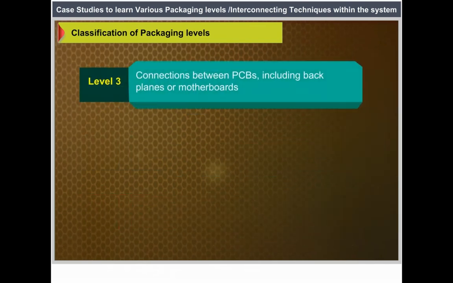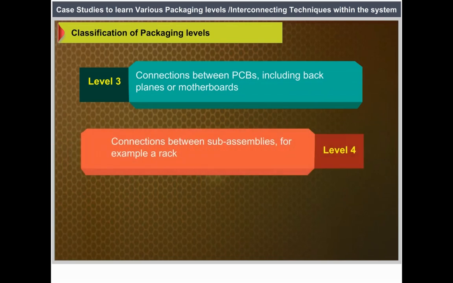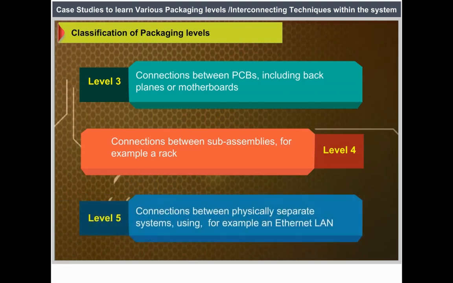Level 3, connections between PCBs including backplanes or motherboards. Level 4, connections between sub-assemblies, for example, a rack. Level 5, connections between physically separate systems using, for example, an Ethernet LAN.